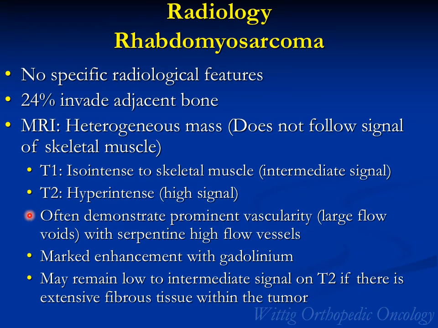It often demonstrates prominent vascularity, indicated by large flow voids with serpentine high-flow vessels. So you may see these very large vessels within these tumors. There's usually marked enhancement with gadolinium, and it may remain low to intermediate signal on T2 weighted images if there is extensive fibrous tissue within the tumor.